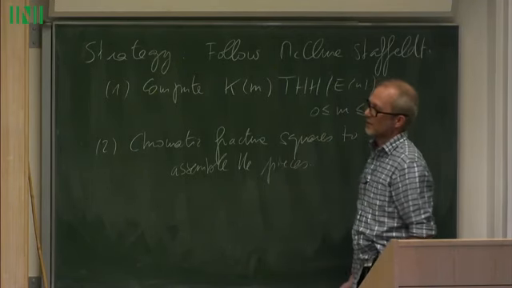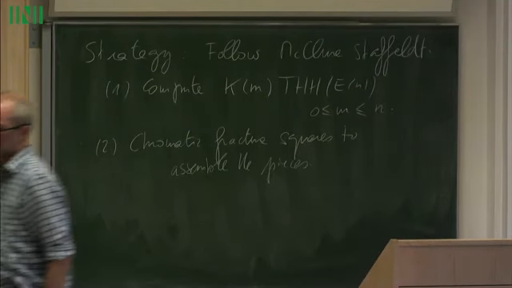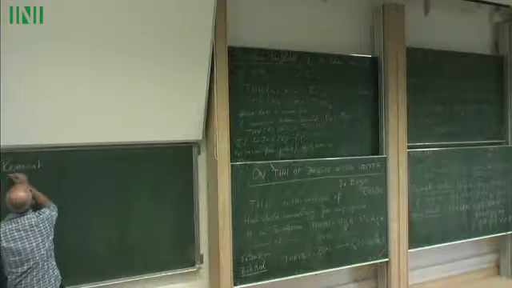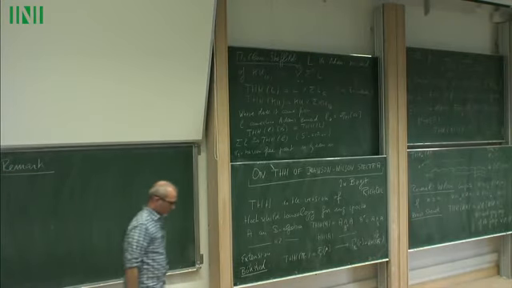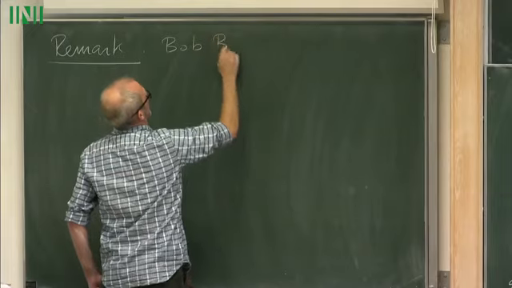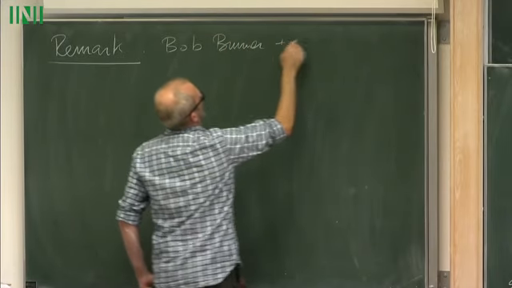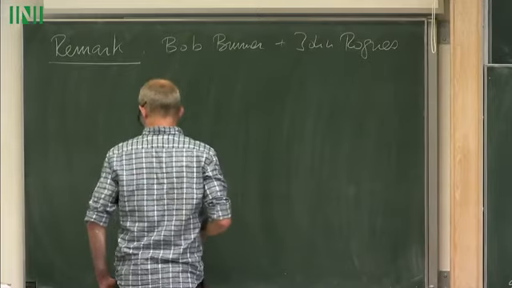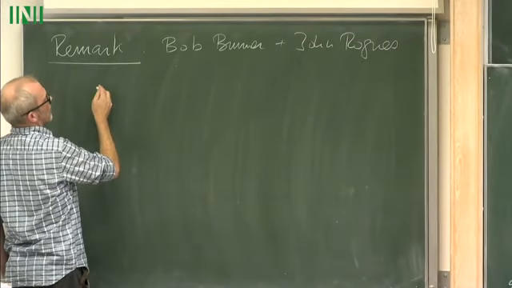And that's how McClure-Staffeldt did it for the Adams summand. So maybe a remark here. Something similar was attempted by Bob Bruner and John Rognes.